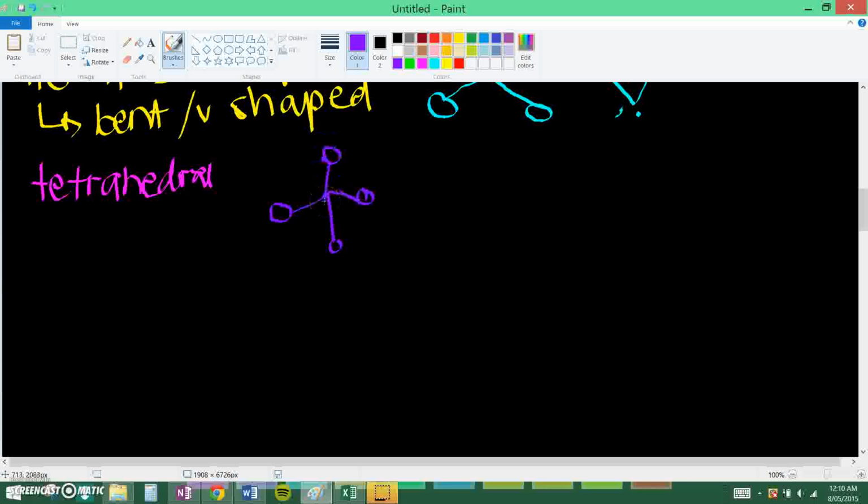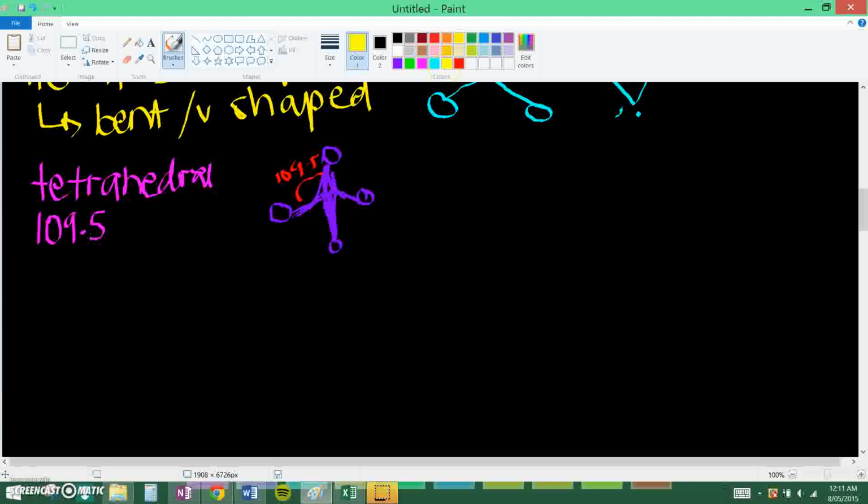These two are kind of going towards the back, and this is coming towards the front. Oh, I think I can make it kind of 3D. Yep, and that's basically it. And these bond angles, like an angle from here, that is 109.5 degrees.